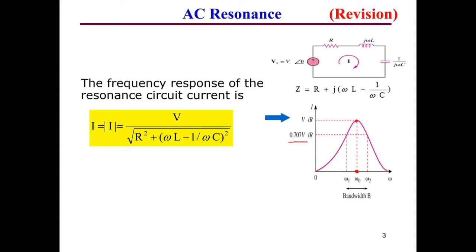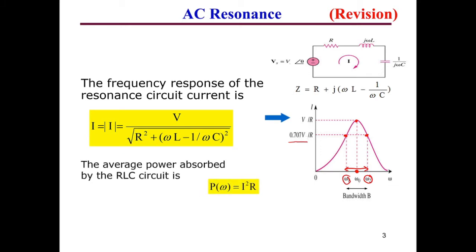So this current will intersect this curve at 2 points. Those 2 points will be at certain frequencies, W1 and W2, and the length of this band we call bandwidth.